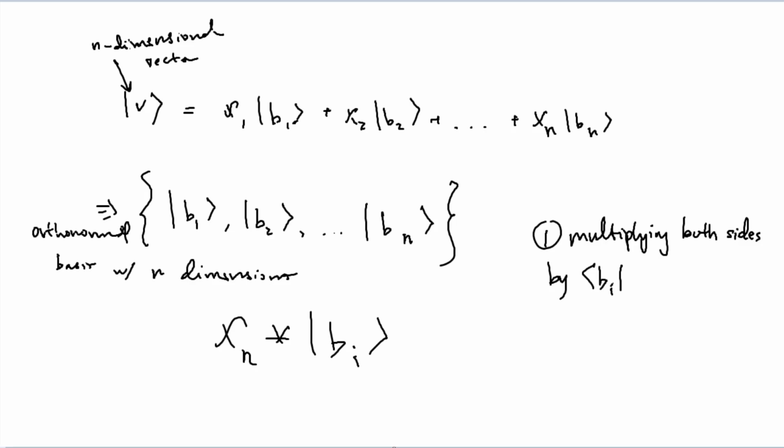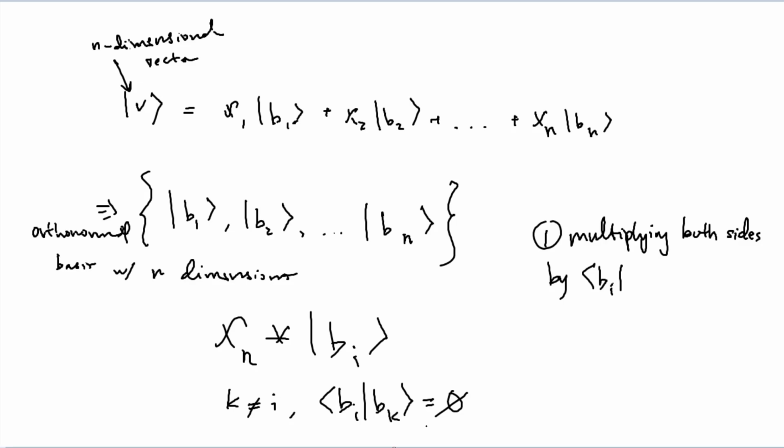Now going on from there, we know that based on the definition of an orthonormal basis, for any value k where k does not equal i, the bra vector bi multiplied by bk should be equal to 0, because that's just the definition of orthonormal bases: they're mutually orthogonal to one another.